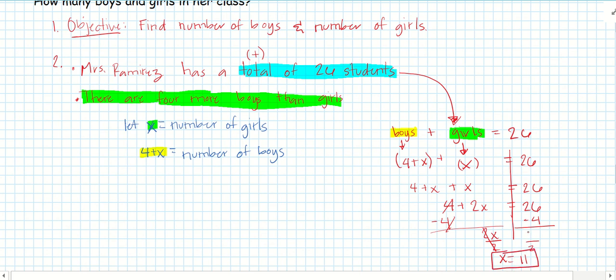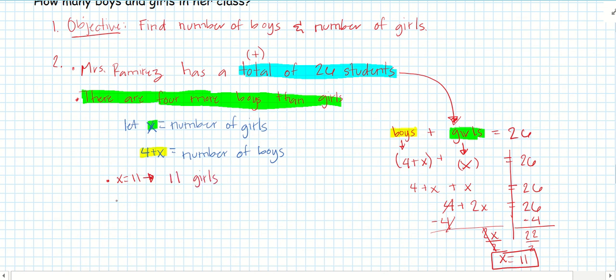So if there are 11 girls, right, then knowing that there are 4 more boys than girls, all we have to do is plug in, right? So add 4 plus 11. So this is 11 girls.